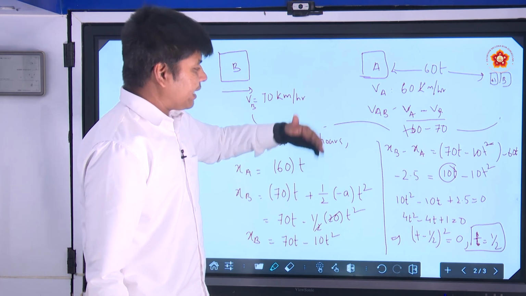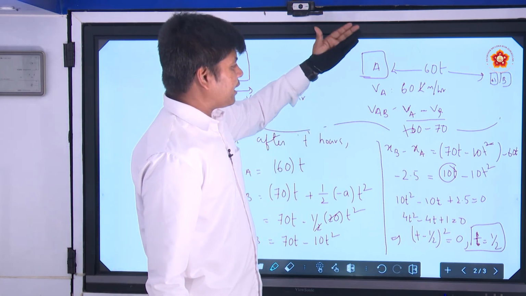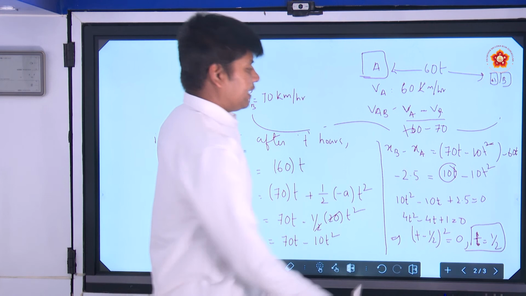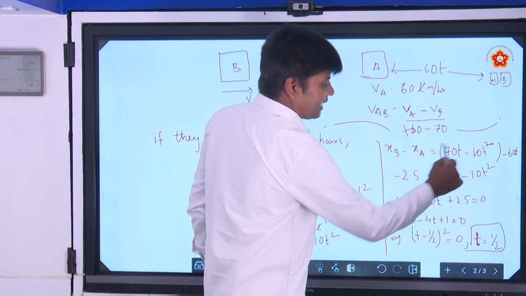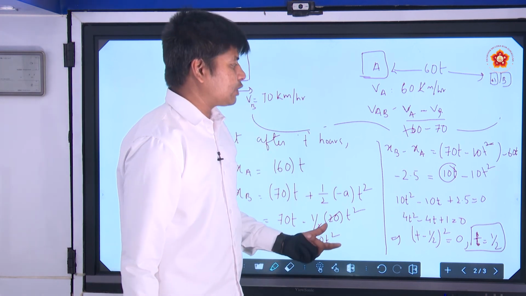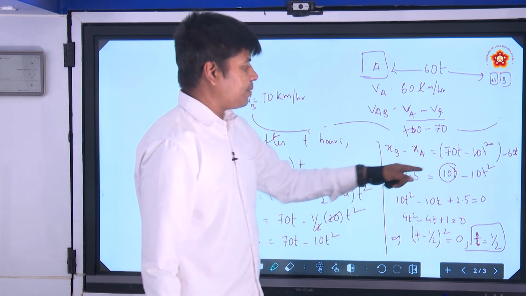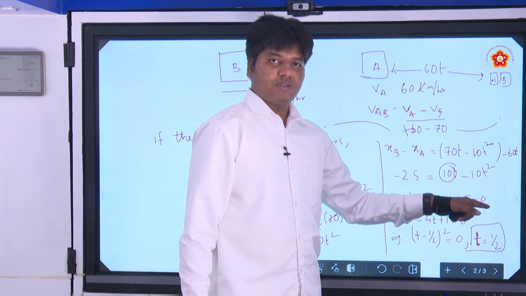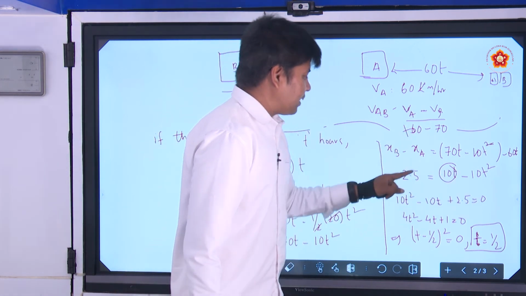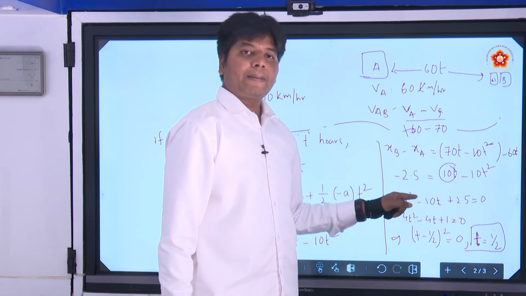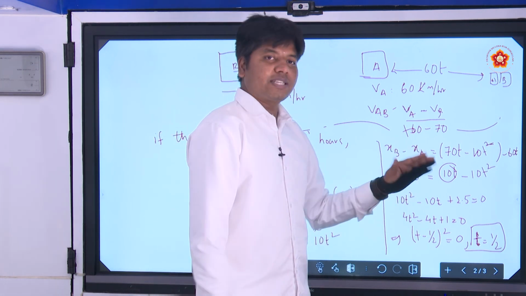So you can write in that equation, when you write minus t, then what happens? It becomes plus 10t square. Why does it become plus 10t square? Then the relative acceleration will be positive, then the relative displacement will be positive. So the signs will change.